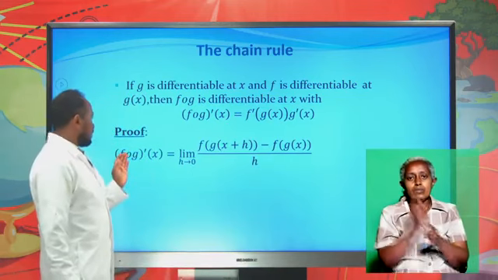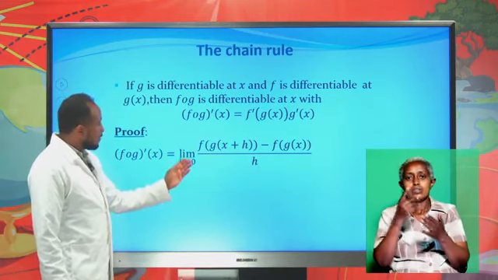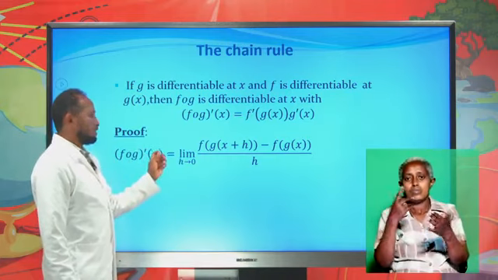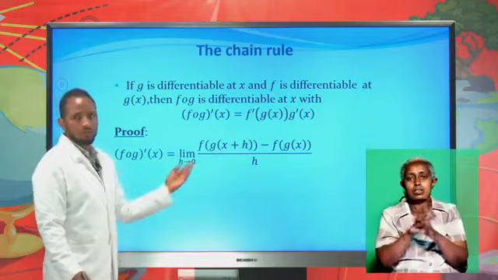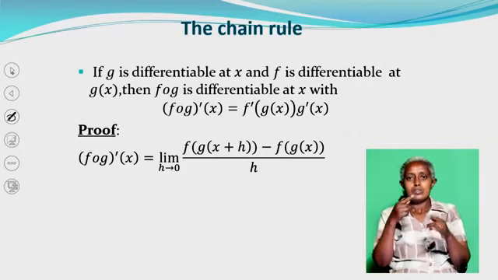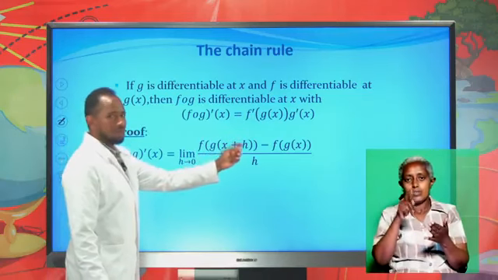Proof: fog derivative of x will be equal to the limit of this function at x plus h minus this function, divided by h, where h goes to 0. This function at x plus h simply means f of g of x plus h.